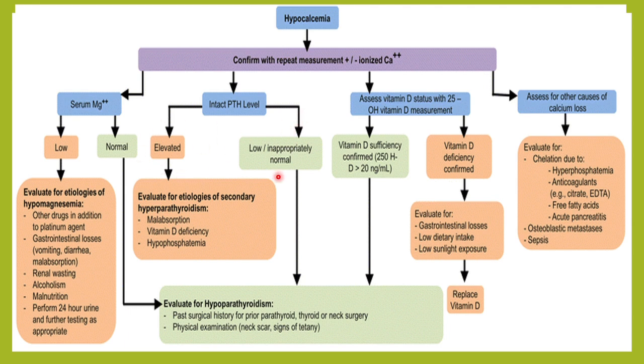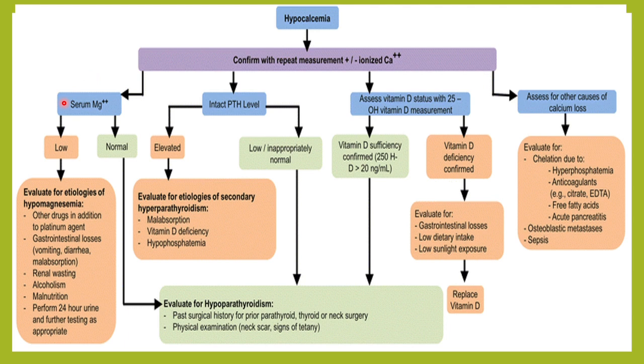Suppose if you are getting a case wherein the patient is having low calcium and his parathyroid hormone is also low, think of any surgical procedures which are done to the parathyroid, parathyroidectomy, neck surgery, etc.